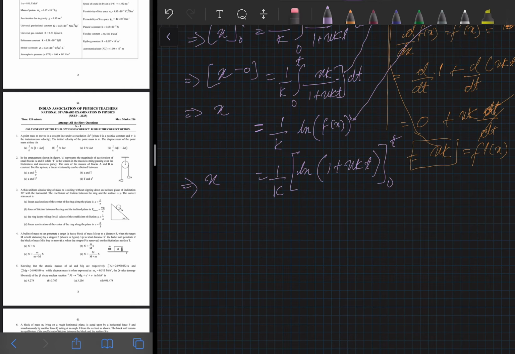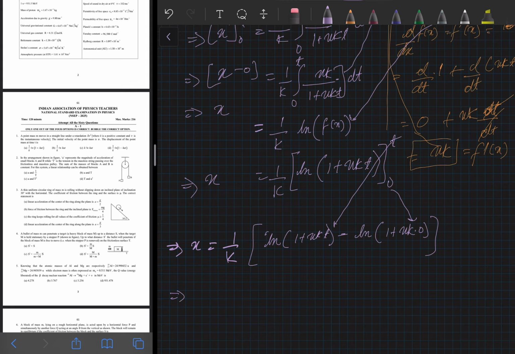Okay, so let's expand that. So x equals 1 by k times log of 1 plus ukt, where this t is this t, minus log of 1 plus uk times 0, replacing t with 0.